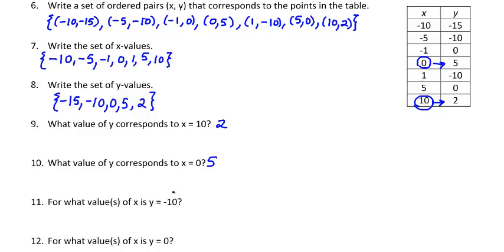So now we find negative 10 in the y column and figure out what values of x correspond to that. So that's negative 5 and 1. For what values of x is y equal to 0? So here again we find 0 in the y column and figure out what corresponds to that from the x, and that would be negative 1 and 5.